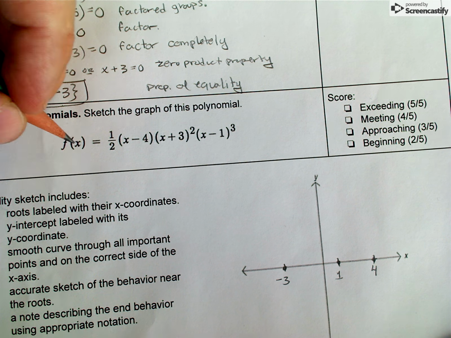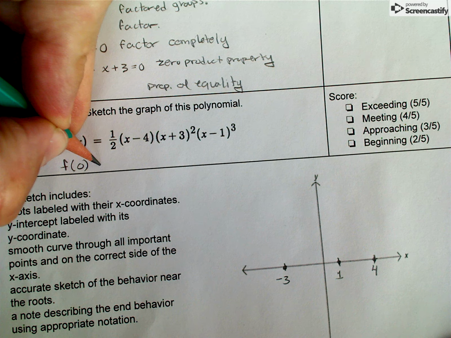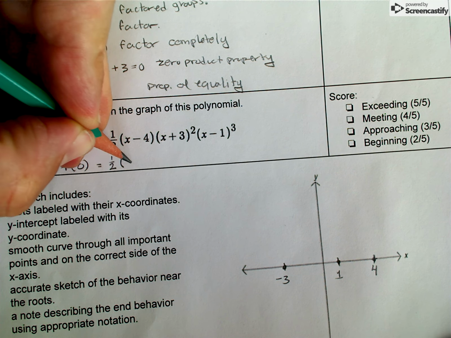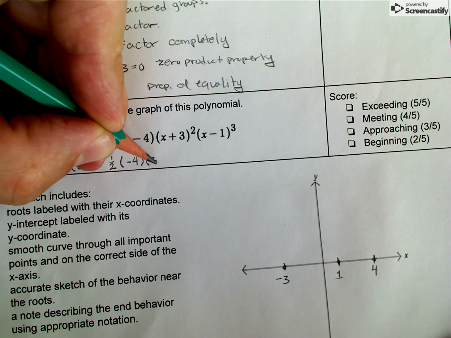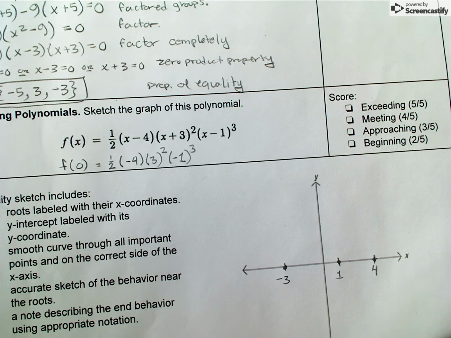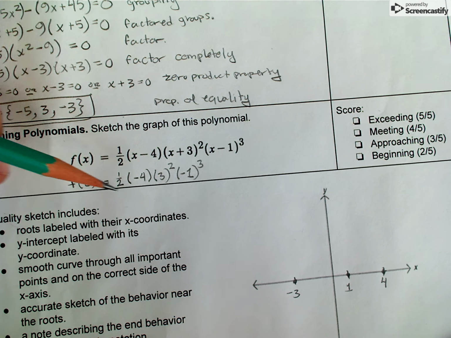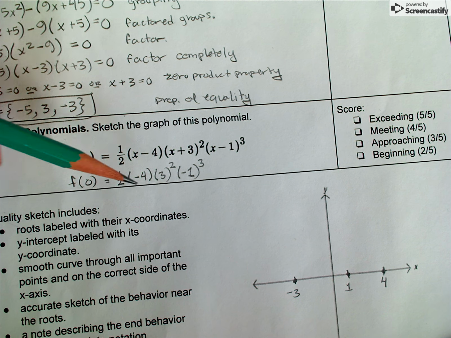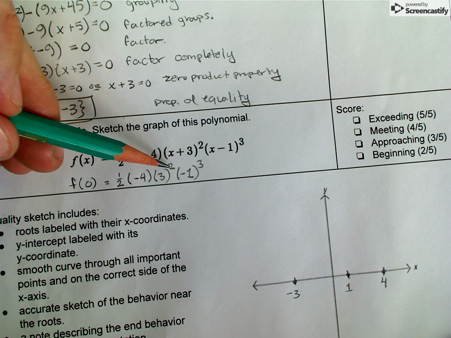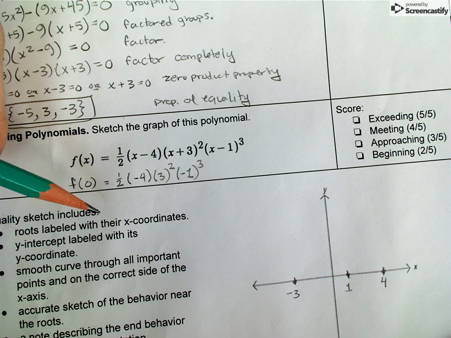So I'll just go right here and say f of 0 is equal to 1/2 times -4 times 3 to the 2nd power times -1 to the 3rd power. I've just substituted 0 in for x into my function, and I can quickly go through this. This becomes 9. This will stay -1.